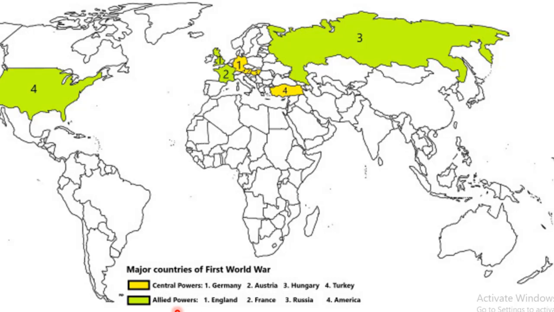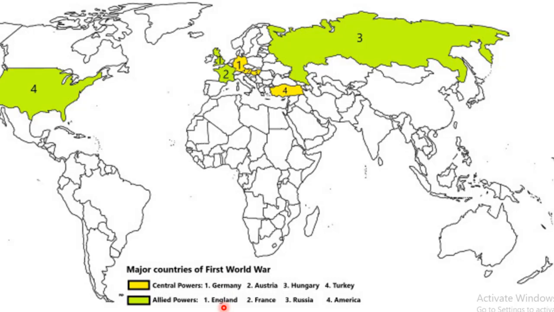If you need to mark the Allied Powers, obviously come to USA, you color it, shade it. Then of course here England, that also you have to shade. Then number 2, France, you can shade it. Then coming to Russia, you can shade it. So these areas you can show for Allied Powers.